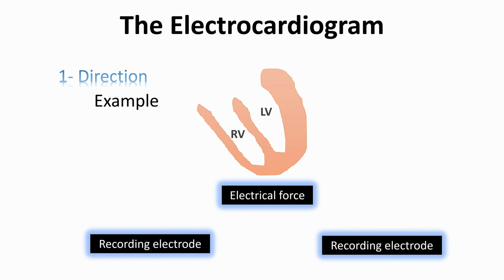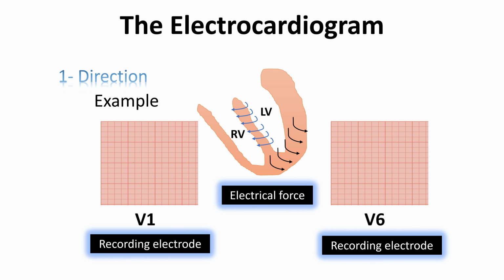Let's see this example. We know that the sequence of electrical activation is such that the interventricular septum is first activated from left to right, followed by activation of the left ventricular free wall from the endocardial to the epicardial surface.